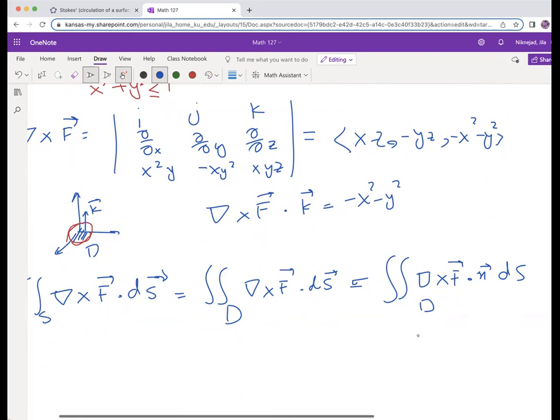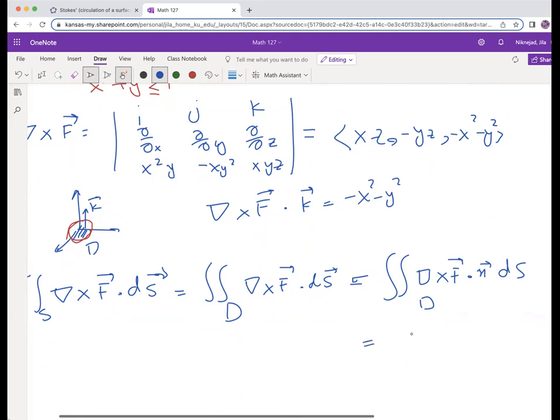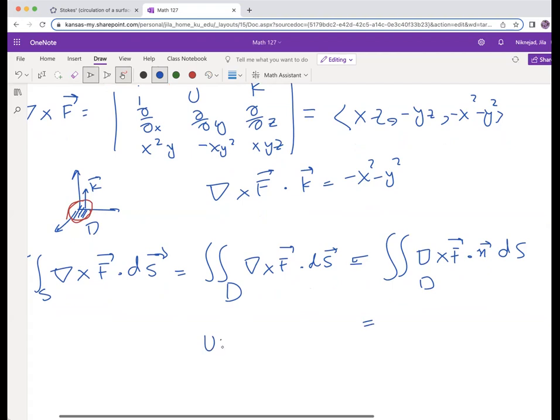In the same way as usual, I can either parameterize it, or I can remember that in 2D we can use a change of coordinates, a transformation. The two turn out to be the same thing.